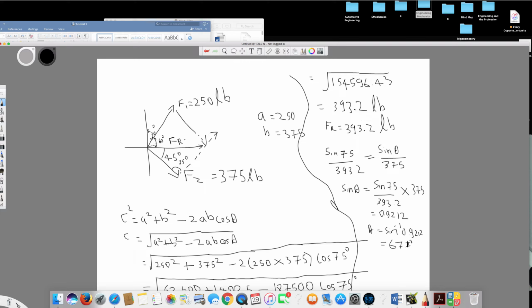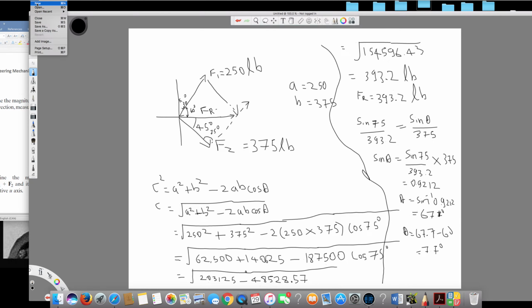Actually, we have to deduct the 60 because 67 is too big. So we have to deduct the 60 to find the exact angle. So theta is going to be 67.7 minus 60. It's going to be 7.7 degrees counterclockwise. So that is our final answer. So we found the resultant force and the final angle. We are good to go.